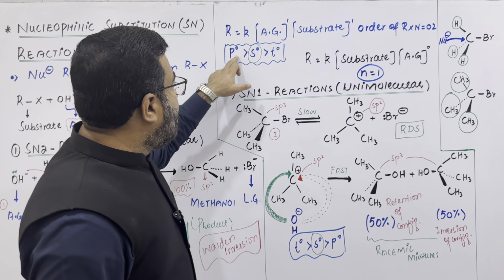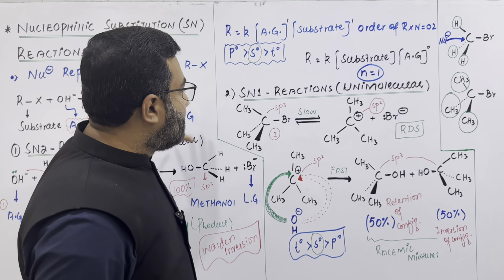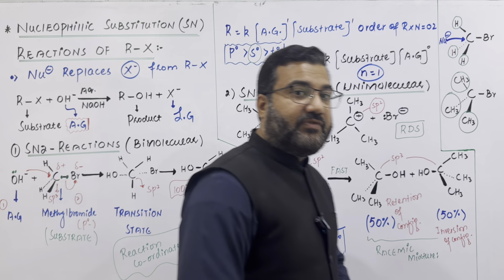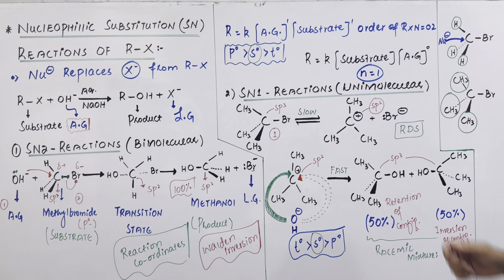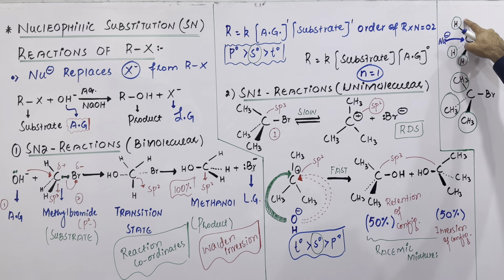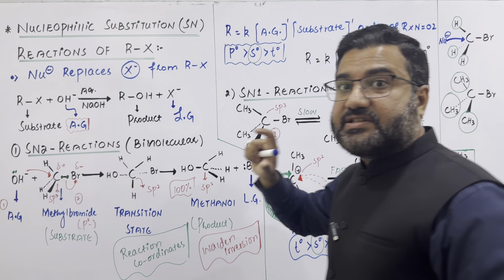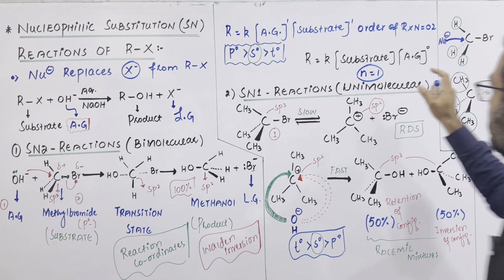As far as the primary are concerned, they show SN2 preferably and tertiary show SN1 preferably. Why? Because in the case of primary alkyl halides, small groups are attached with the alpha carbon. As the small groups are attached, the nucleophile will not face much steric hindrance when it attacks.